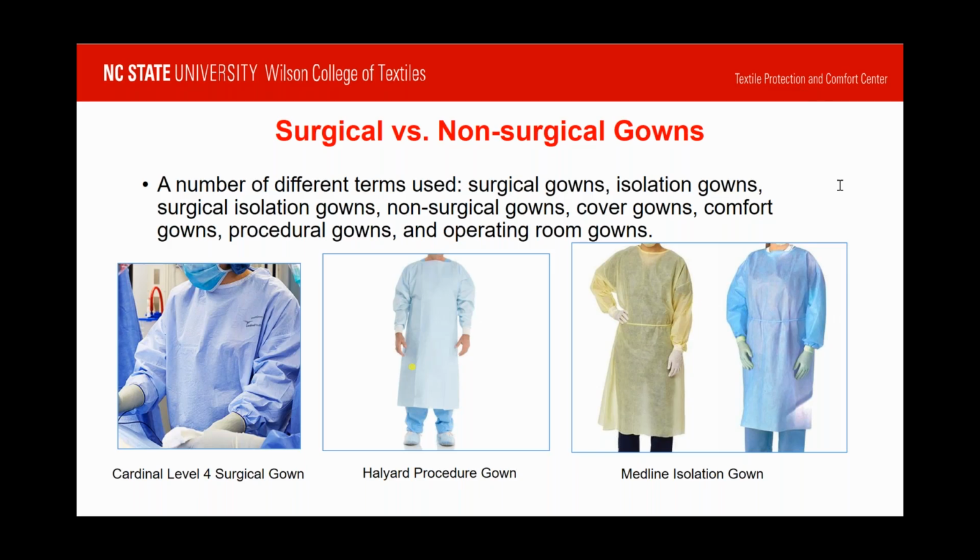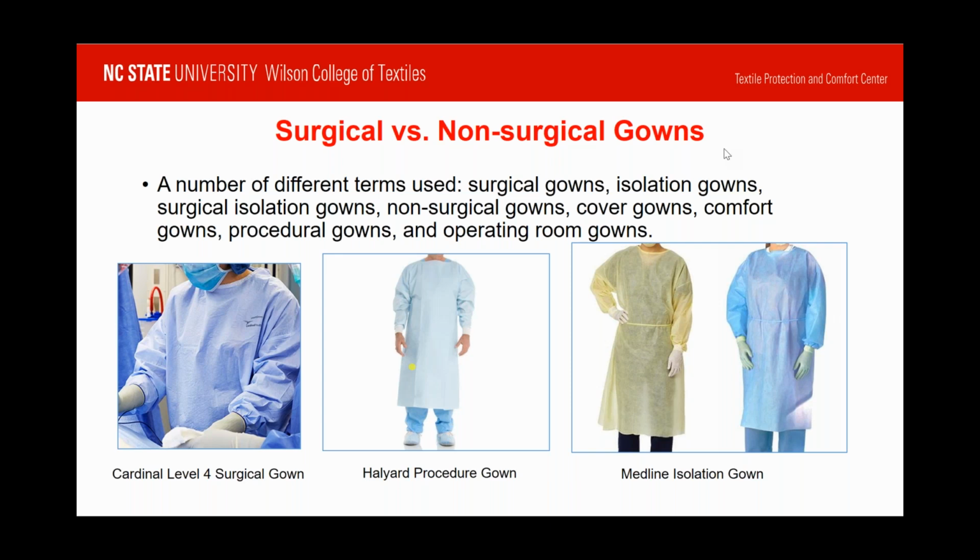And so that's primarily the role of all these gowns for different levels of liquid protection. And therefore, as you can see, there are a number of different gowns that are manufactured by different companies, and some of them are called surgical gowns, maybe isolation gowns, maybe a non-surgical gown or a cover gown, and so on and so forth.